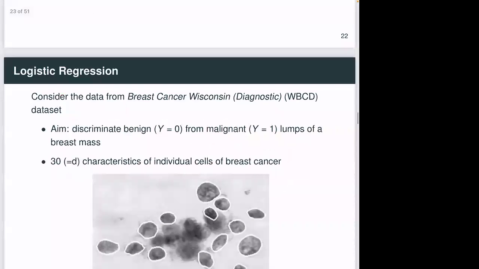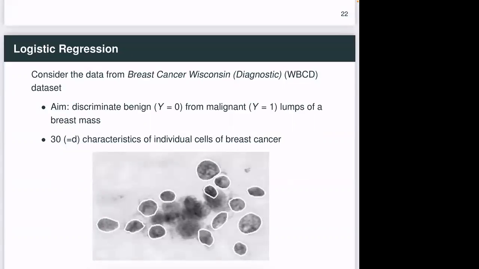Did you manage to get this run on this example? This example is from well-known, available data. You can Google it and get the data easily, from a breast cancer study.